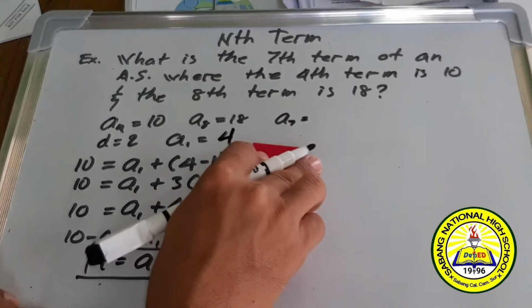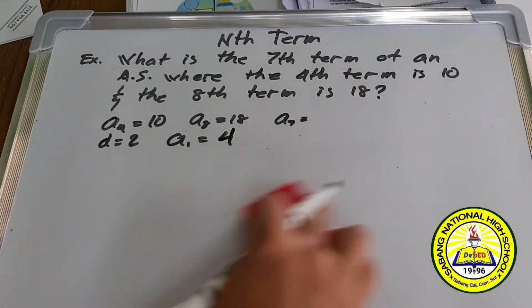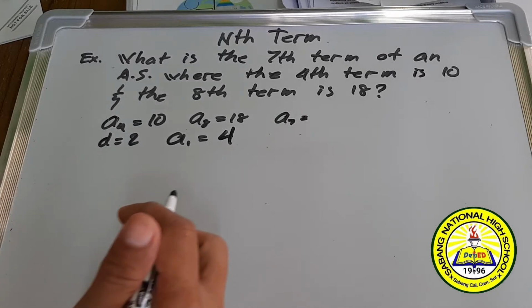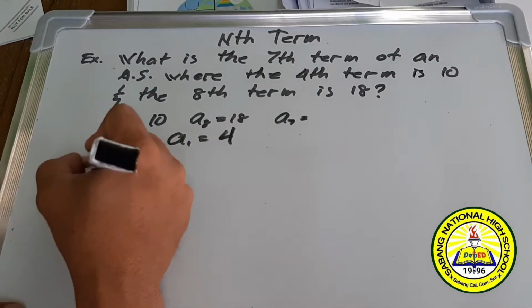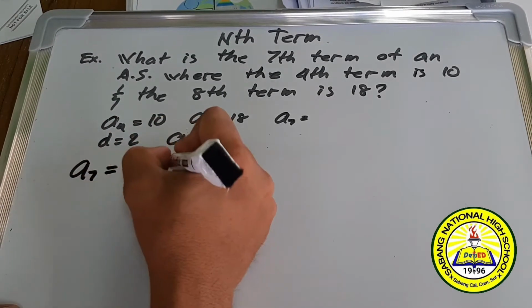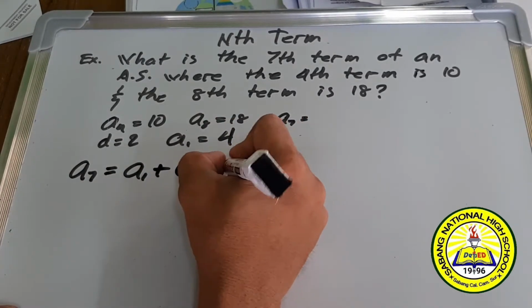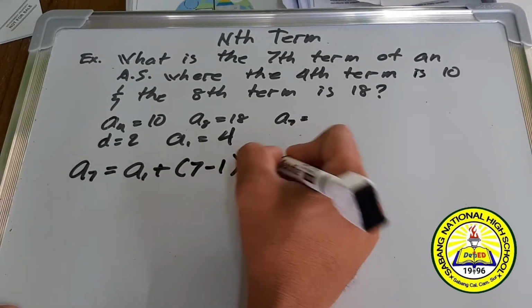Now, we are very much ready to find the answer for the real problem. What is being asked is the seventh term. So what is being asked is a sub 7 is equal to a sub 1 plus, the seventh term is being asked, 7 minus 1 times the common difference 2.